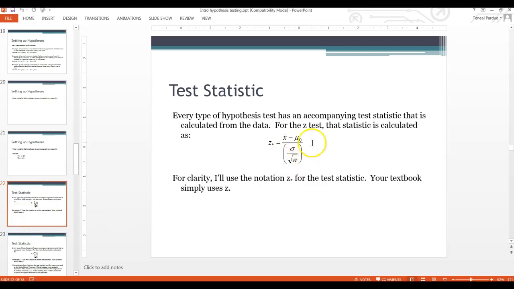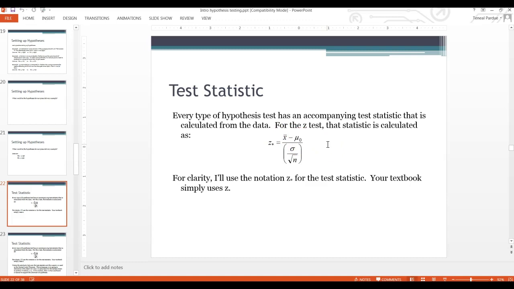You probably recognize this as coming directly from the central limit theorem, and it does. So you calculate the test statistic as x bar minus the hypothesized value divided by sigma over the square root of n. By the way, be careful with your order of operations there.